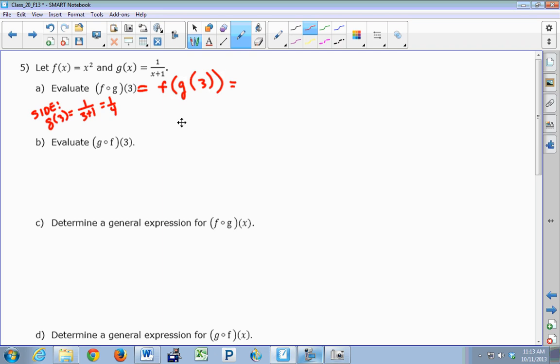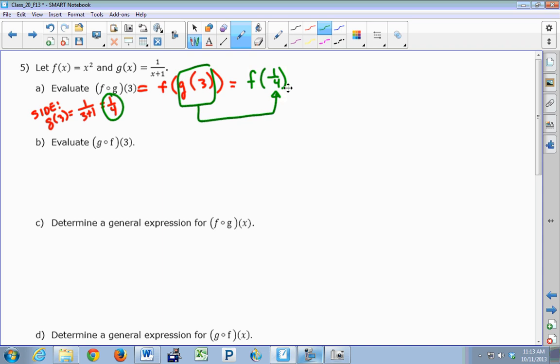So where I see g of 3 inside those parentheses, I replace it with 1/4 because that's what g of 3 is. So now I get f of 1/4. I just replace g of 3 with the value of g when x is 3. And the value of the function g when x is 3 is 1/4.